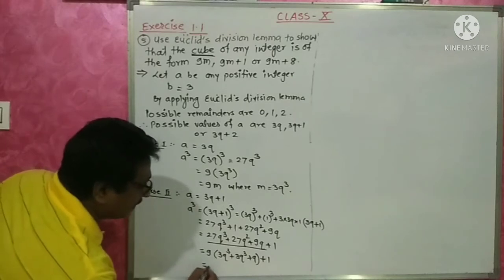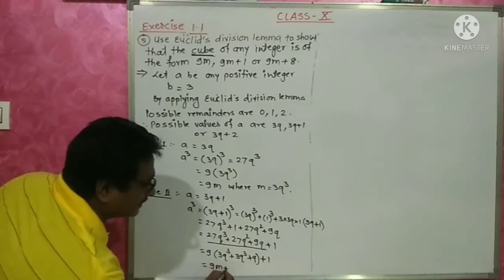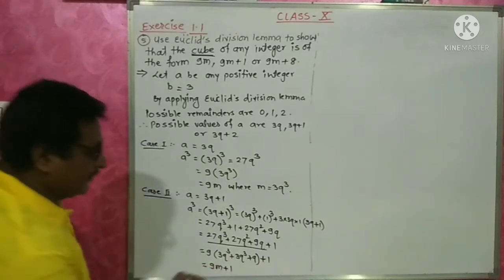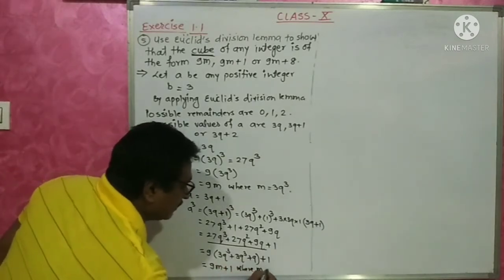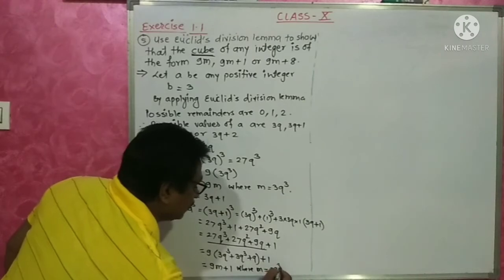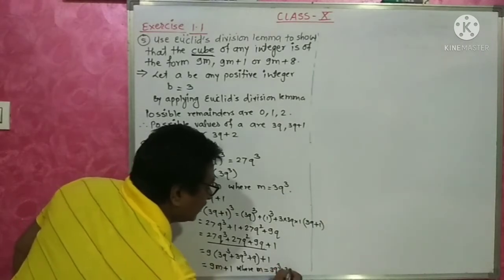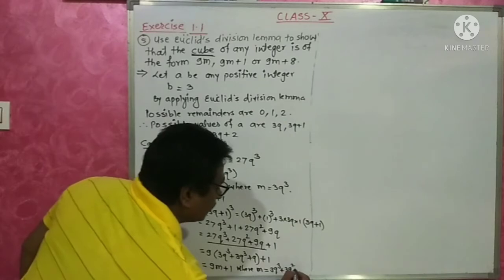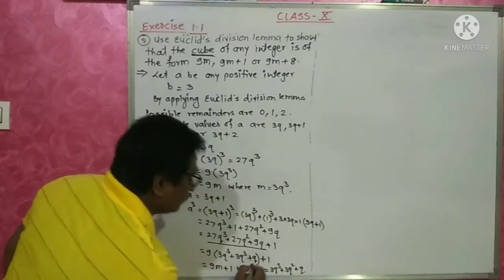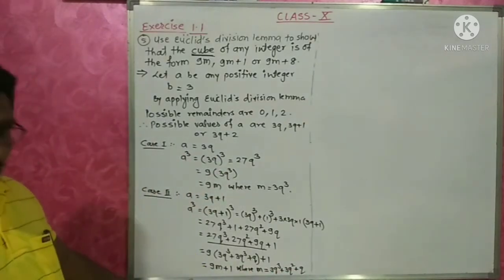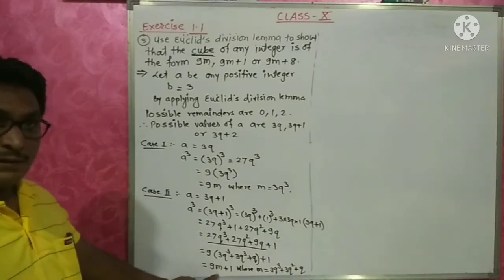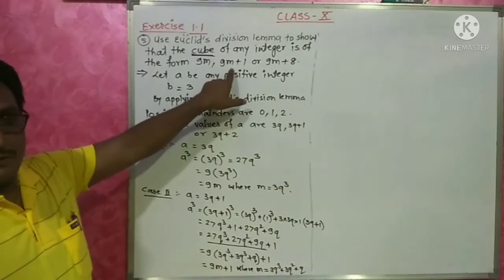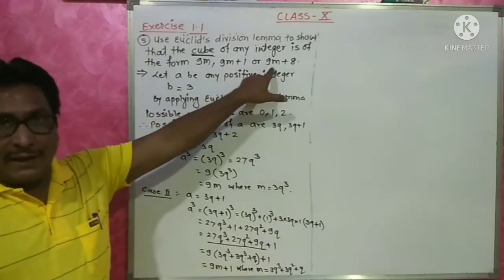So what will we get? 9m plus 1, where m equals 3q cube plus 3q square plus q. Okay, so this we can write as 9m plus 1. So now 9m plus 8.